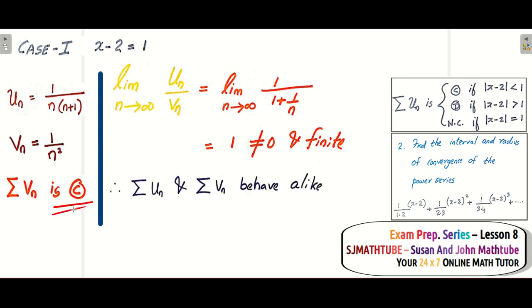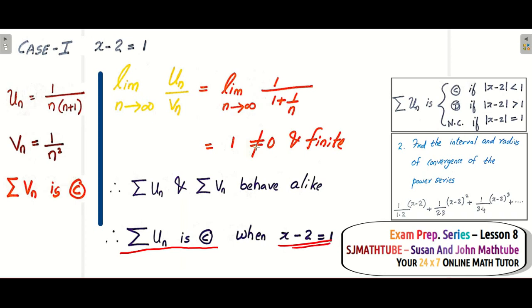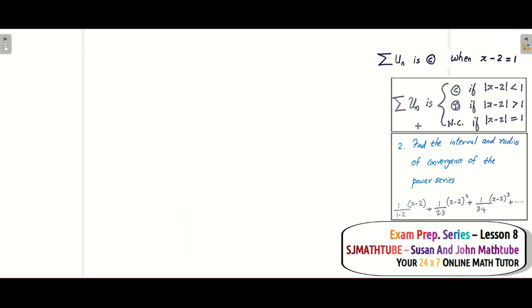But this is already convergent, so the given series must be convergent. So there goes our conclusion. Sigma un is convergent when x minus 2 equal to 1. So let's put it here. So look at this. Sigma un is convergent when x minus 2 equal to 1.